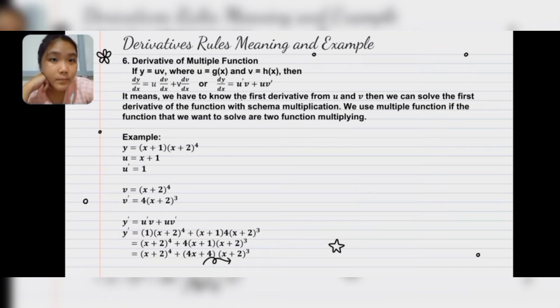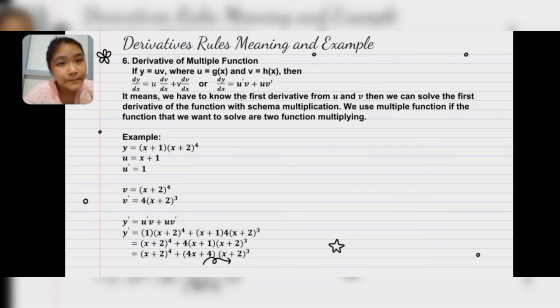Okay, now I will explain about derivatives of multiple function. If y equal uv, where u equal g of x and v equal h of x, then the formula is dy per dx equal u dv per dx plus v du per dx, or dy per dx equal u prime v plus uv prime.